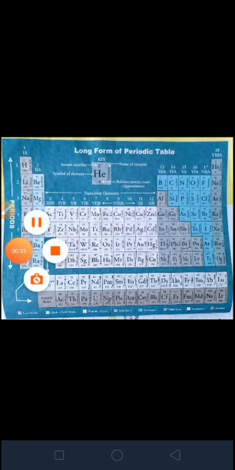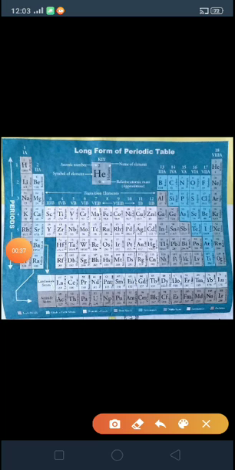In this table, in every element, on the right side, the name of the element is given. For example, for He, helium is the element, so on the right side, the name of the element is written.